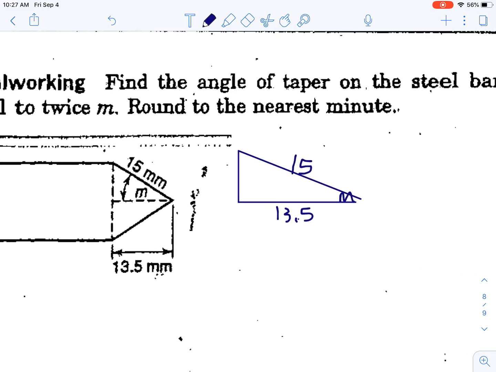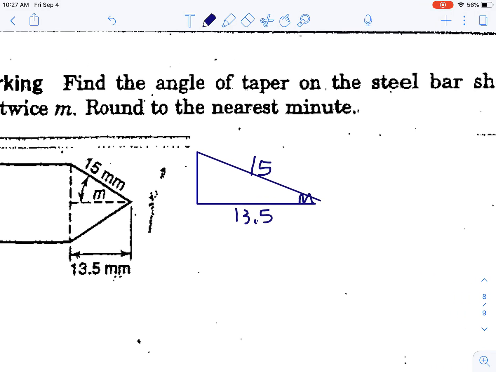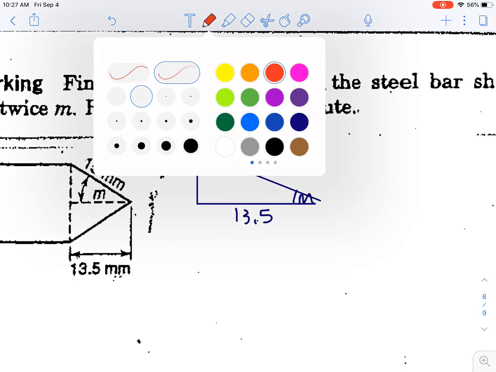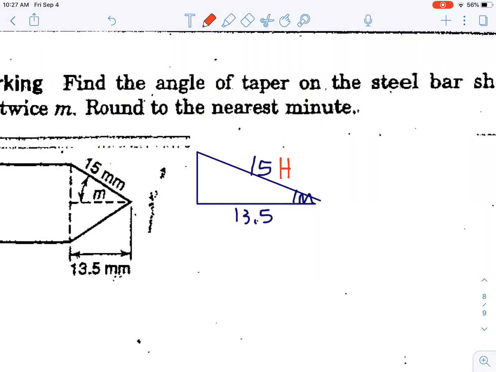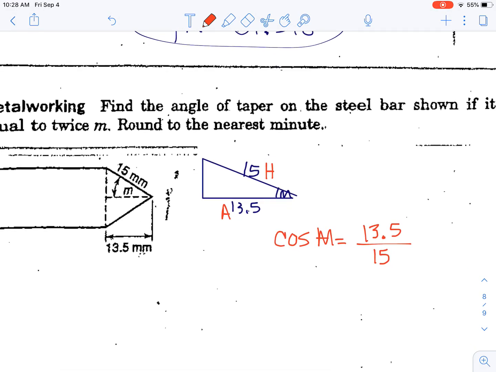Okay? So if that's our reference angle with the m, this is the hypotenuse, this is the adjacent, right? Adjacent and hypotenuse means that we're using cosine again. We go cosine of our angle is the adjacent over the hypotenuse. And in our mind, we're going to go, hey, I'm trying to find the angle, so that would mean I use the inverse cosine of 13.5 over 15.